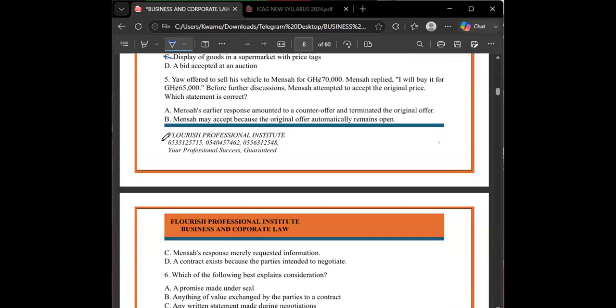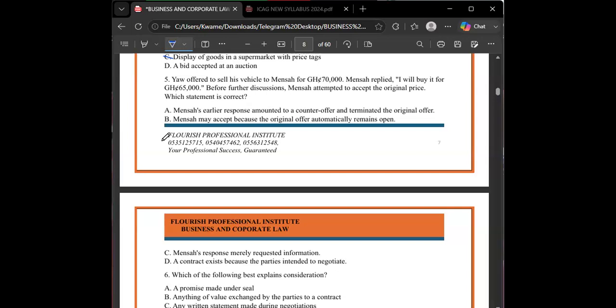Yao offered to sell his vehicle to Mensa for 70,000 Ghana cedis. Mensa replied, "I will buy it for 65,000 Ghana cedis." Before further discussions, Mensa attempted to accept the original price. Which statement is correct?